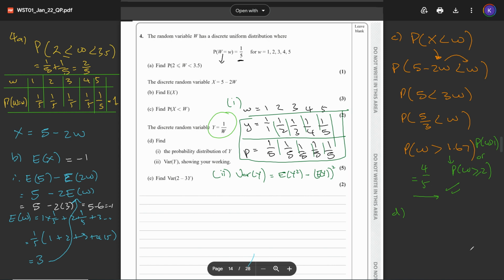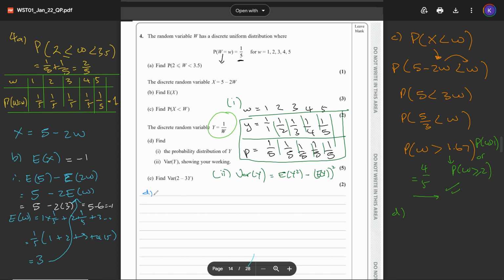Because we're dealing with expected values, we need to memorize these formulae. So now what we have to get is each of these. The expected value of y we can calculate by simply adding all of these up.